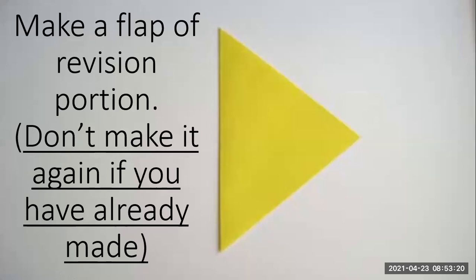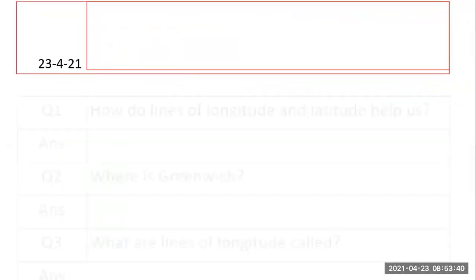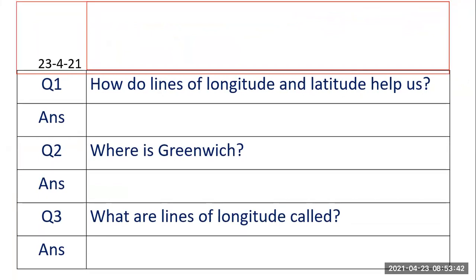Okay. So first the flap would be made, then your RT1 would be done, that we did yesterday. And this is RT2 today. So flap would not be made again. But your work should not be submitted without flap. Otherwise, it would be difficult for your teacher to find out where your work is.